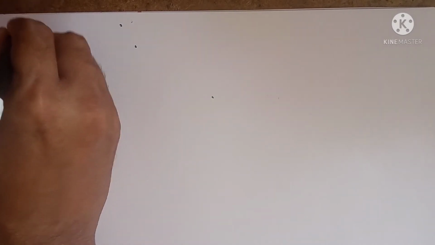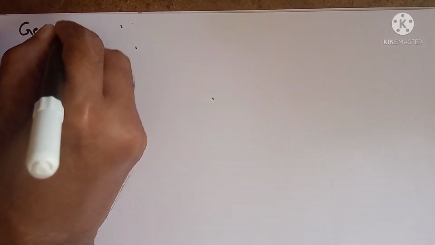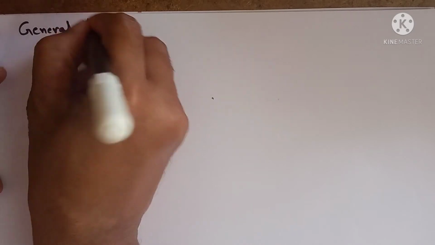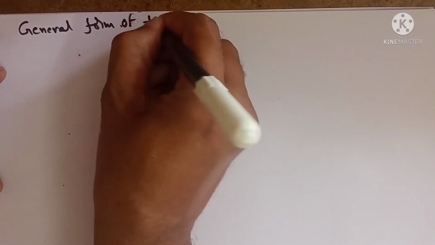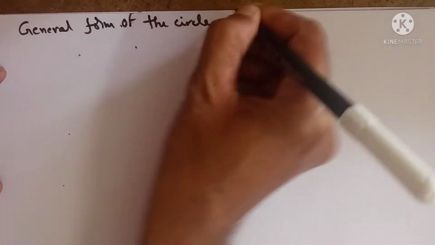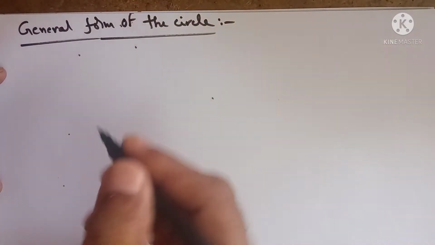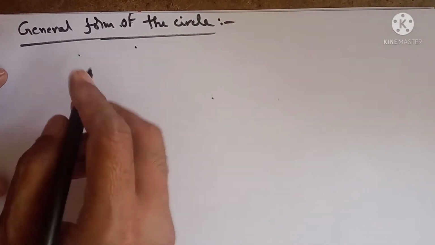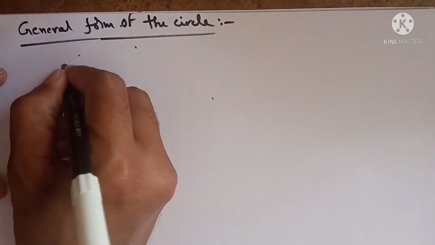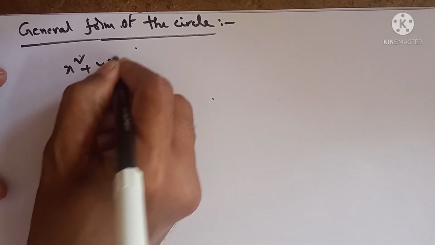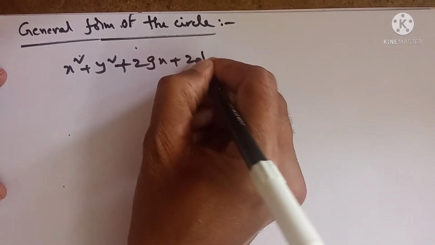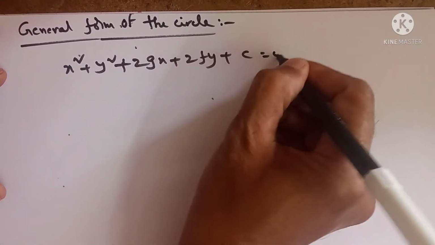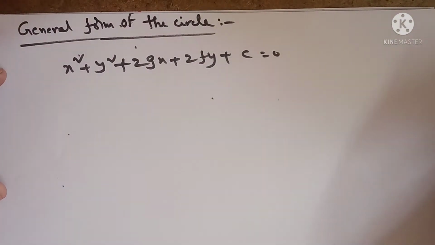General form of the circle. X square plus y square plus 2gx plus 2fy plus c is equal to 0.